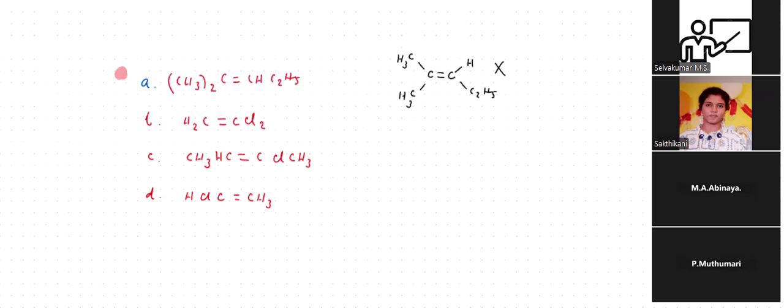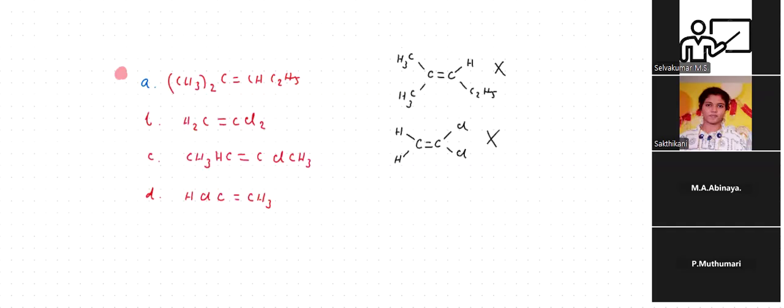Compound B, C double bond C, on one side 2 chlorines, on the other side 2 hydrogens. You cannot interchange the groups like this. So this can also not give cis-trans isomers.